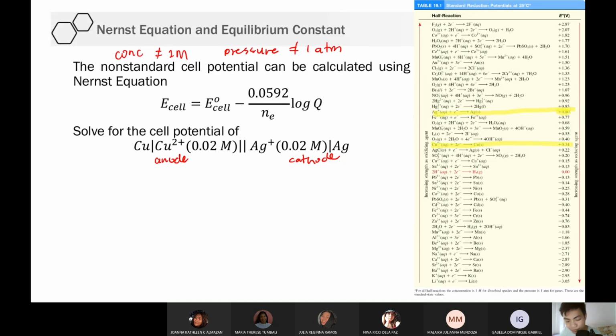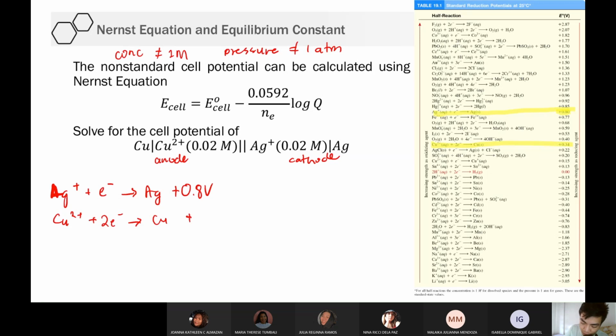So we have Ag plus electron producing Ag, and the cell potential is 0.8 volts. O yung sa copper naman, so you have Cu2 plus 2 electron producing Cu. Ang potential daw ay 0.34 volts. Okay? So, ganun, gagawin nyo.